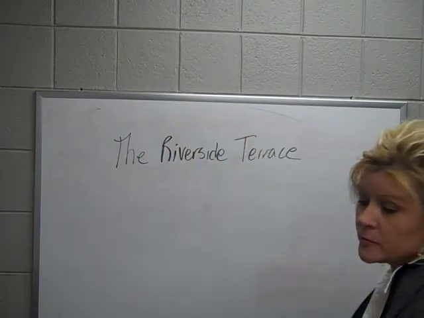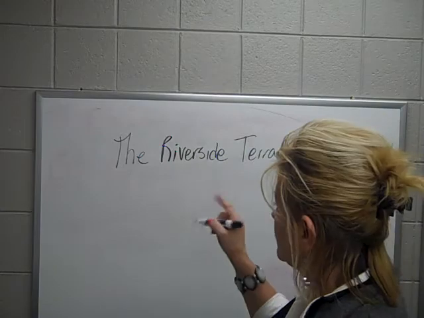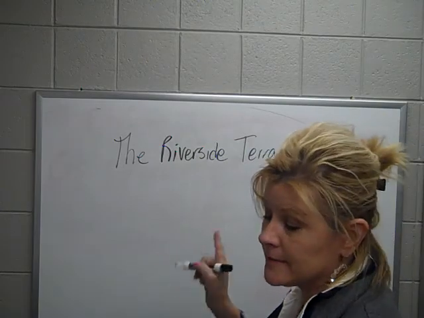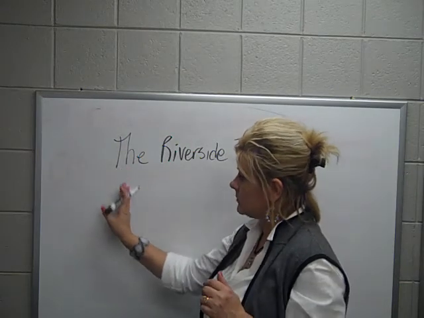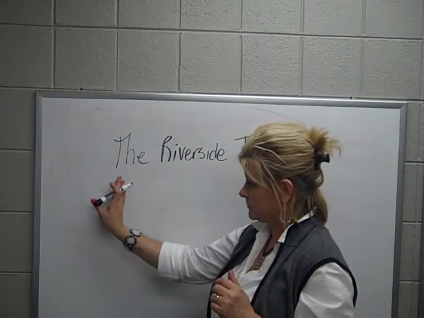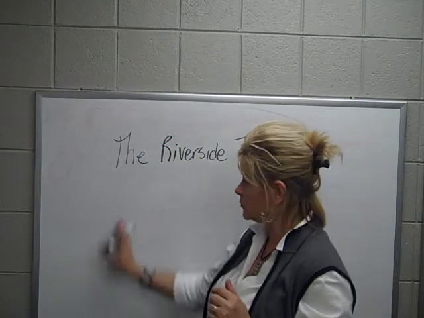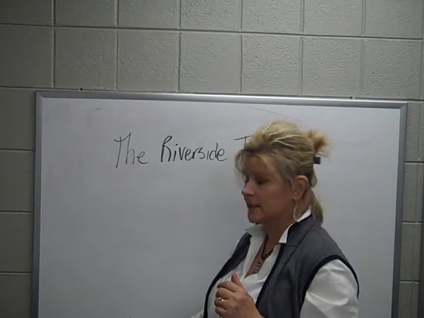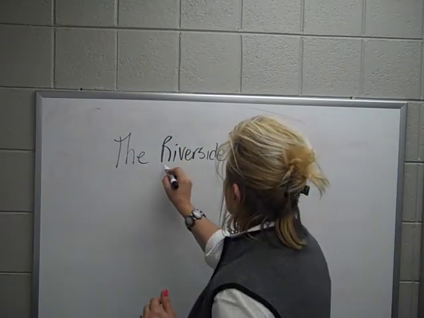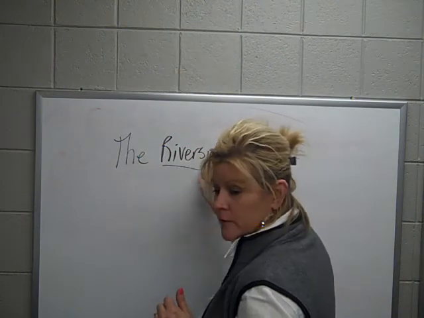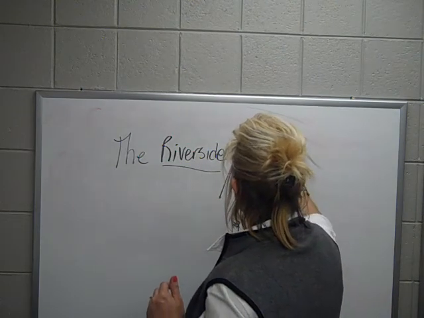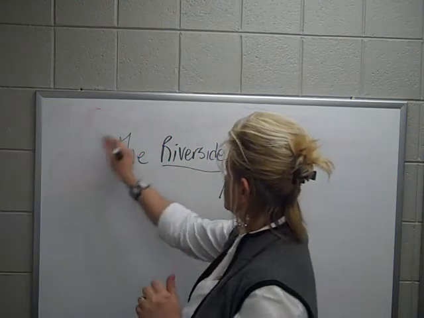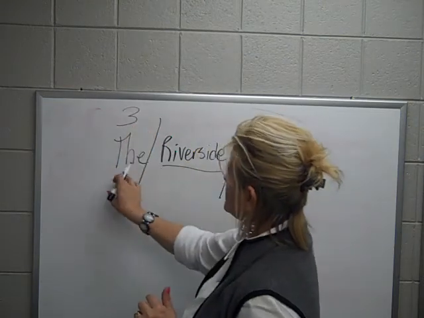Okay, so remember that the word the always comes at the end, because if we labeled everything under the word the, can you imagine how many folders you would have starting with the word the for T's? So we're going to have to underline Riverside Terrace, because we're going all the way around like this. 3 goes at the end.